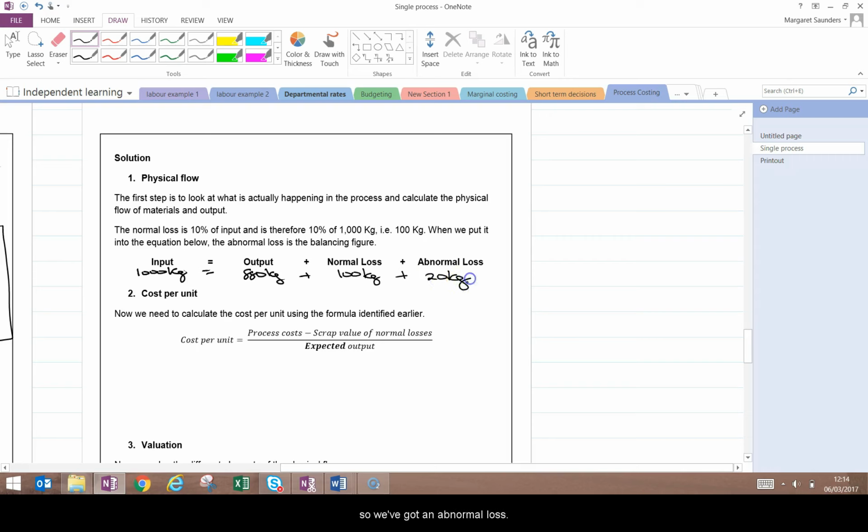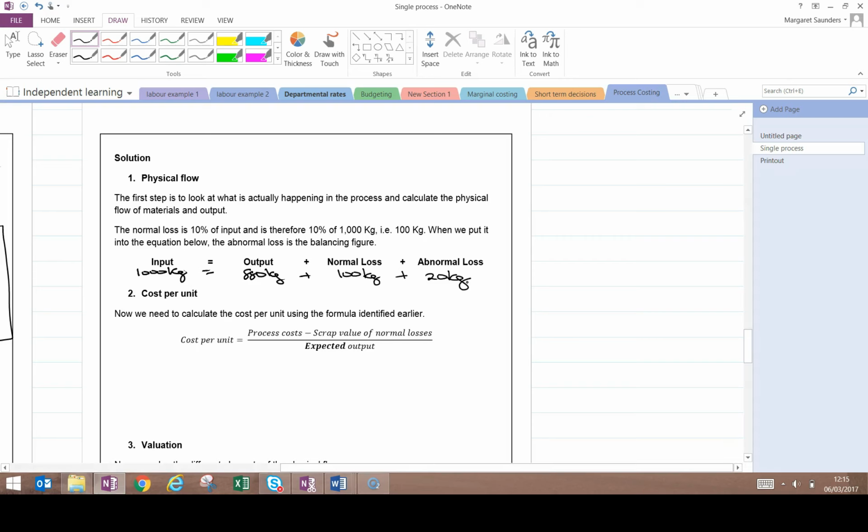So we've got an abnormal loss. And now it all adds up to 1,000 kilos. So most important that you do your physical flow first. These quantities will be transferred into the quantity columns in the T account.